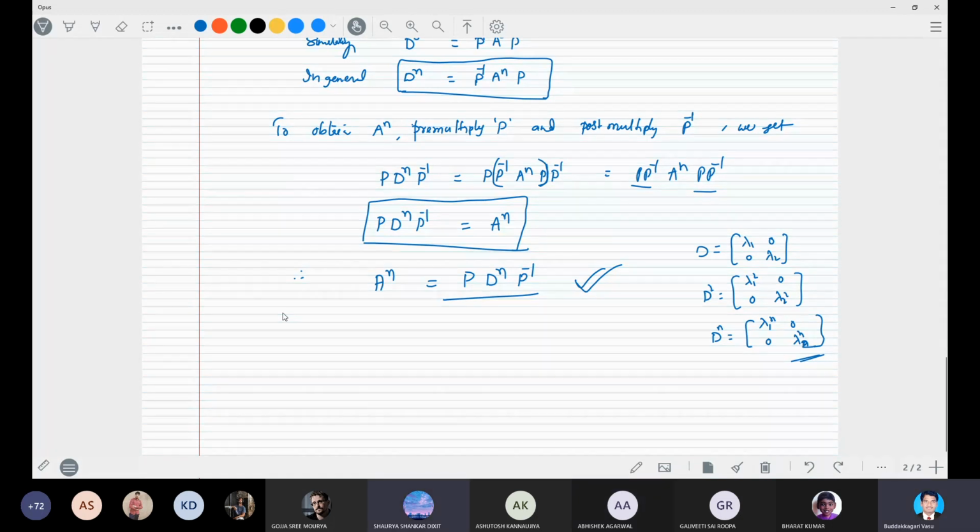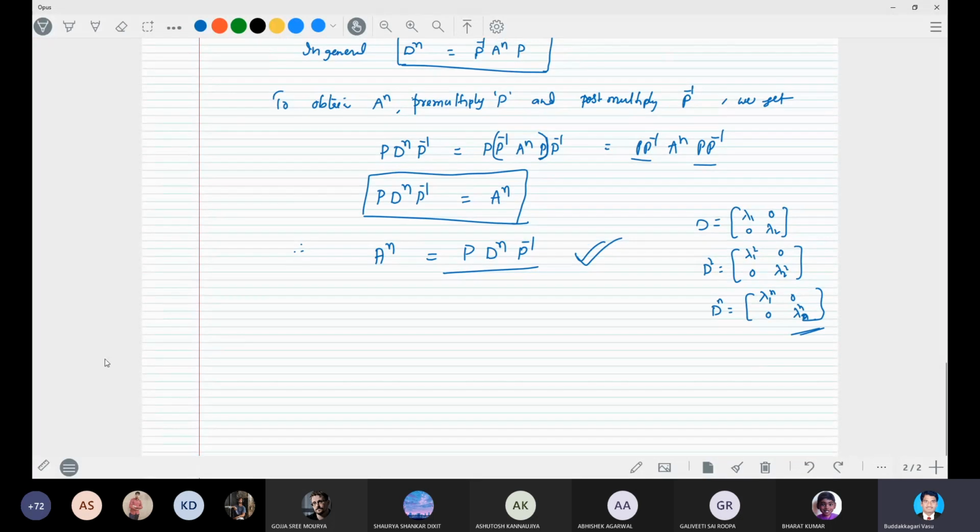Here is one more main thing. First, find the linearly independent eigenvectors for the corresponding eigenvalues. That is very important.